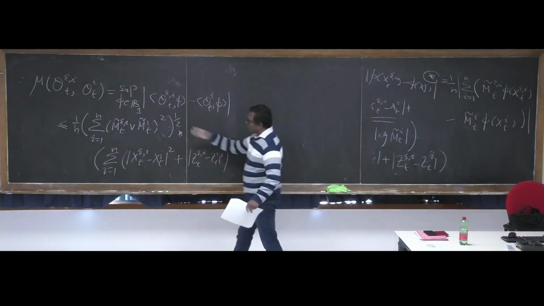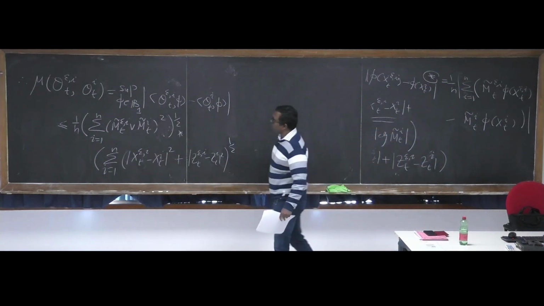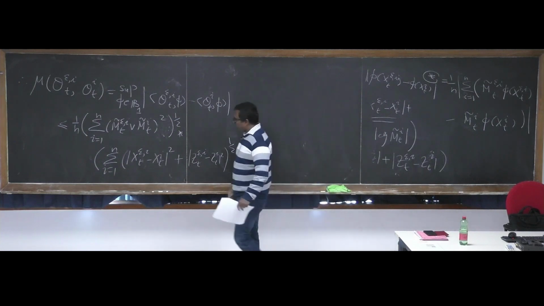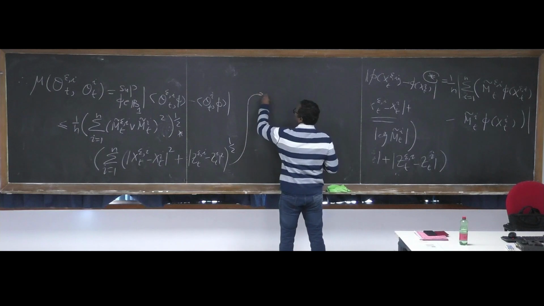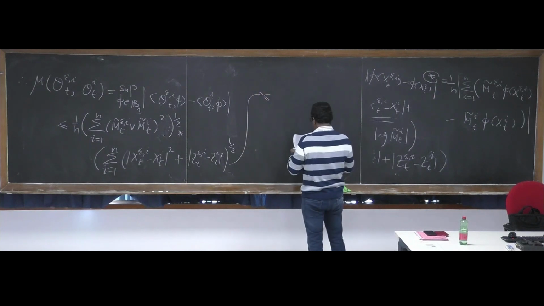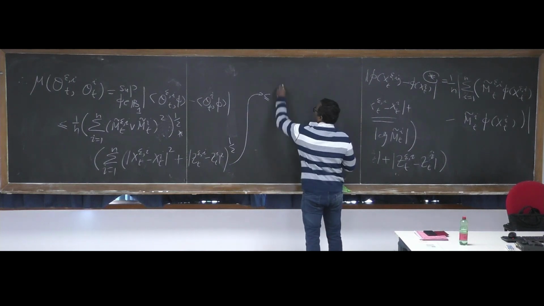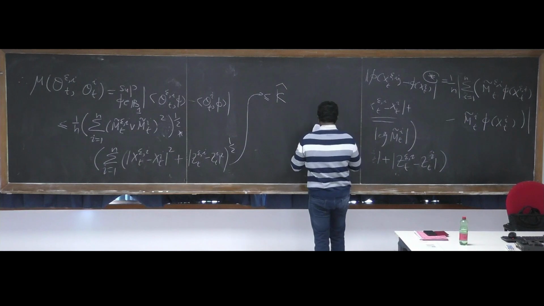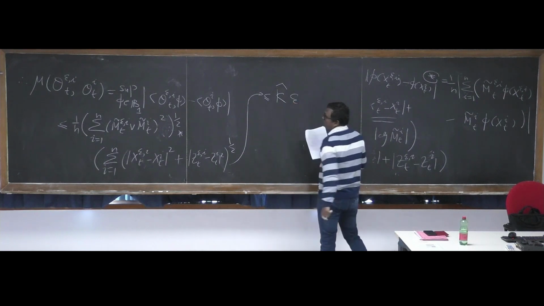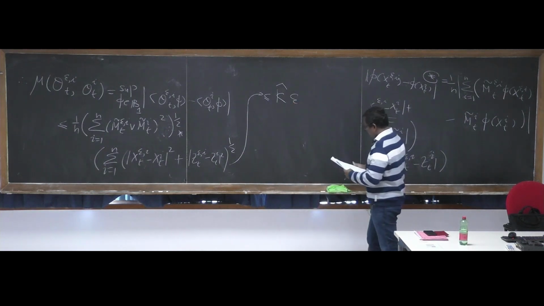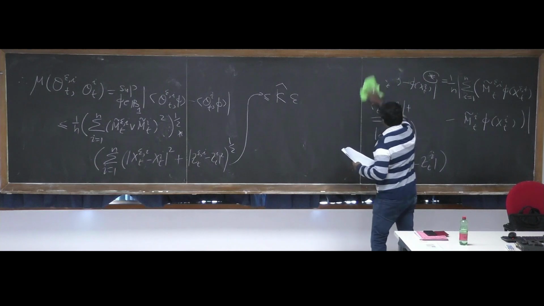So using those two results, you can estimate this finally. You can get some k hat times epsilon. Okay, so you can bound this, right?